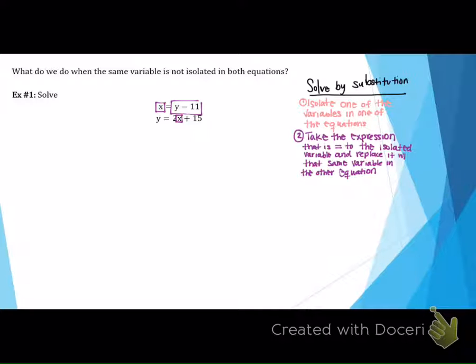So we can say y equals 2 times, and instead of x there, we replace it with y minus 11, like we did in the previous example on the board, but instead of it just being a single number, it's an expression.